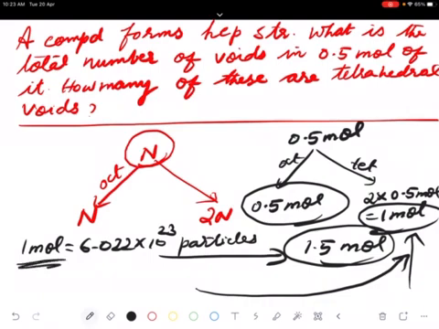Telling in terms of moles is somewhat like saying dozen: 1 dozen means 12 particles, and 1 mole means 6.022 into 10 to the power 23. So either you can talk in terms of moles or in terms of the real number of particles. Next question.